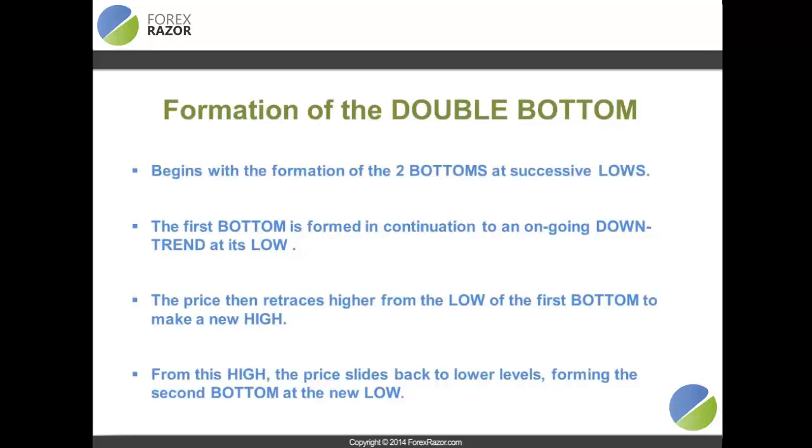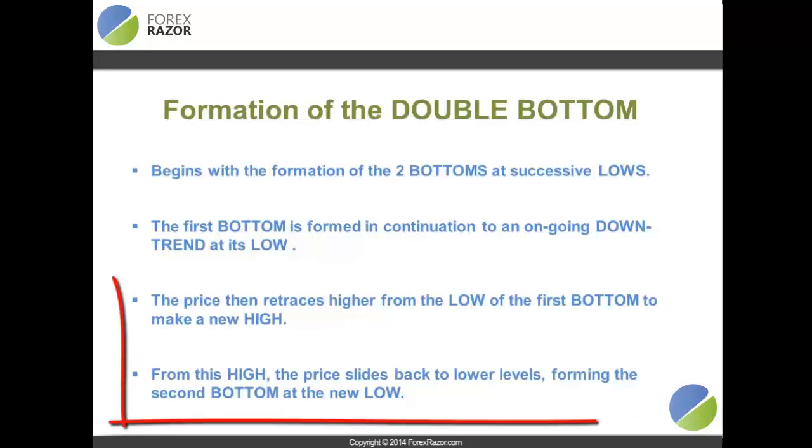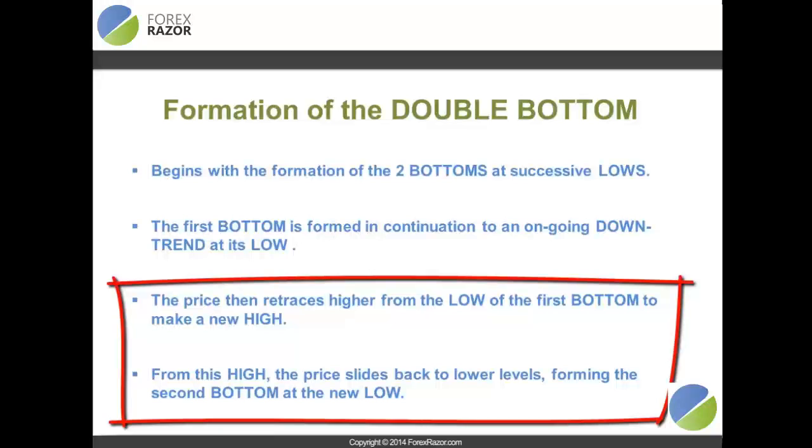The double bottom formation begins with the formation of two bottoms at successive lows in a given price move. The first bottom is formed in continuation to an ongoing downtrend at its lowest point, or the low. The price then retraces higher from the low of the first bottom to make a new high. This completes the formation of the first bottom.